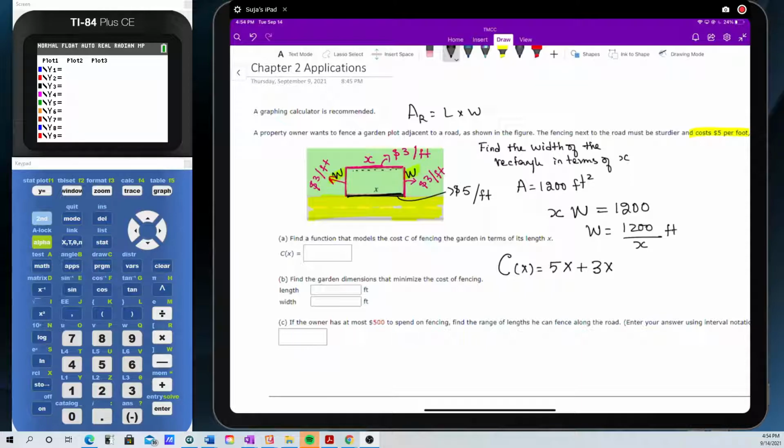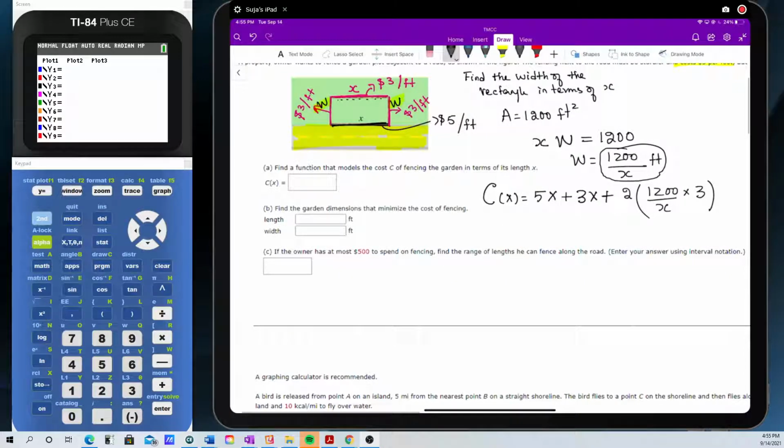So 5 plus 3, 5x plus 3x. Plus, now I need to look at the width, which is 1,200 over x feet. But I have two of those, right? So 2 times 1,200 over x times the price, which is 3.